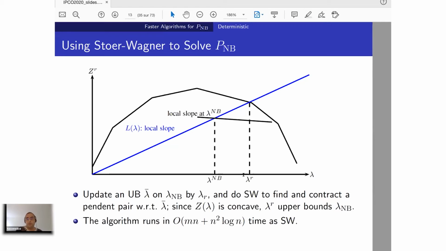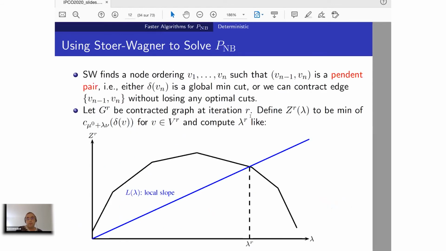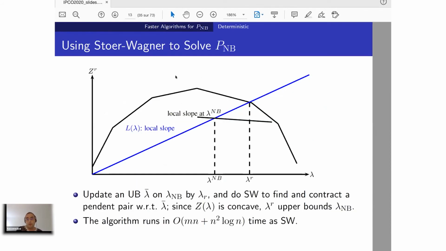So in terms of running time, computing the minimum of the cuts defined by the nodes can be done very quickly, and this running time is dominated by the running time of computing an ordering of the nodes. So our algorithm has the same running time as the Stoer-Wagner algorithm.